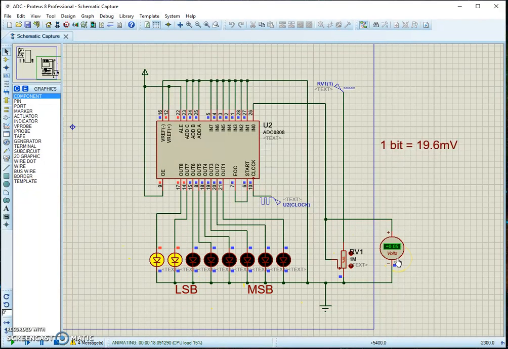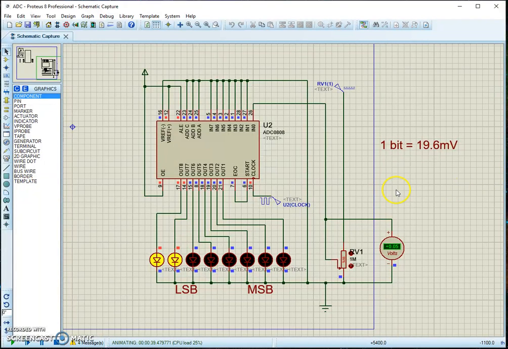3 steps means if one bit is equal to 19.6, then with 1, 2, 3 bits, the decimal value representing 3 bits is supposed to be 19.6 multiplied by 3. Where's my calculator? It should be a little below 60. So 19.6 multiplied by 3 is 58.8.